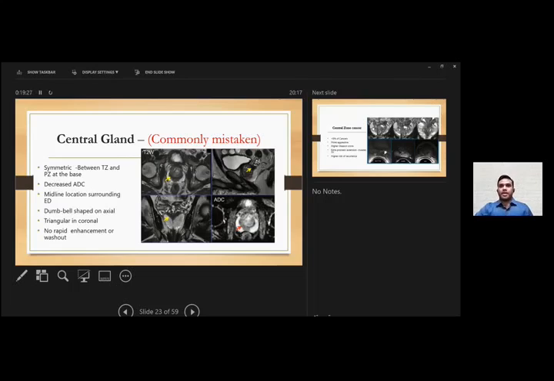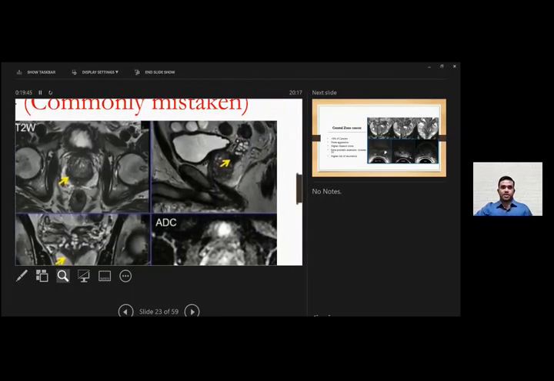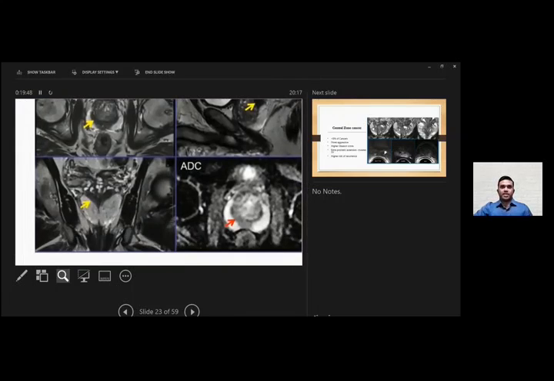Earlier, like 2 years ago, if I were to report a prostate MR and on T2 images I came across a hypointense wedge-shaped area at the base of the prostate, such as this, I would not report anything and would not give any importance to this, because this has been taught as the central zone, which is normal. This central zone is also usually dark on ADC.